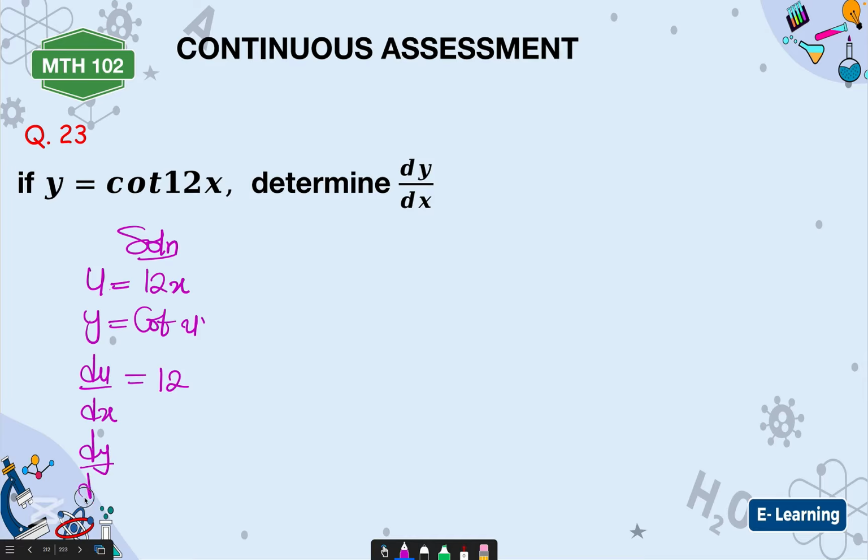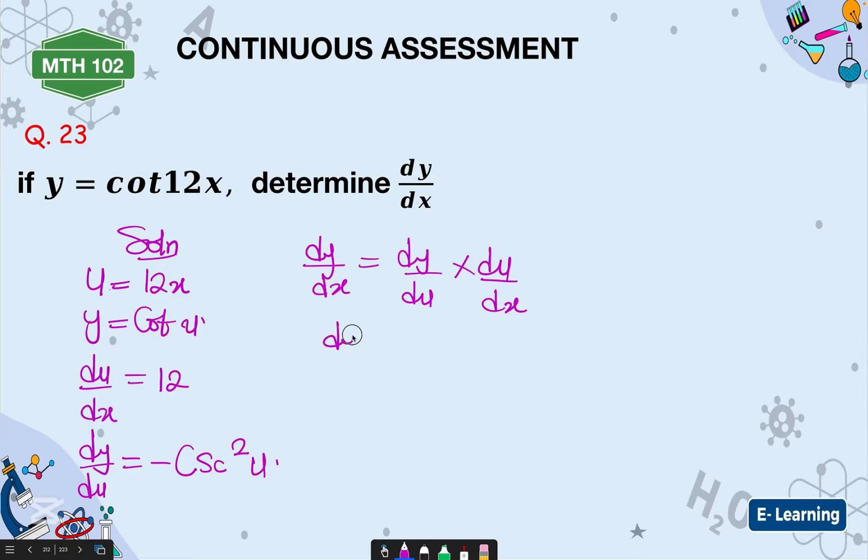dy over du, when you differentiate y with respect to u, will give us minus cosec square u. So our dy dx, my dear student, will be equal to dy over du times du over dx.